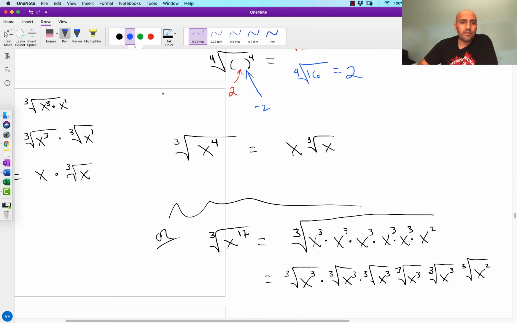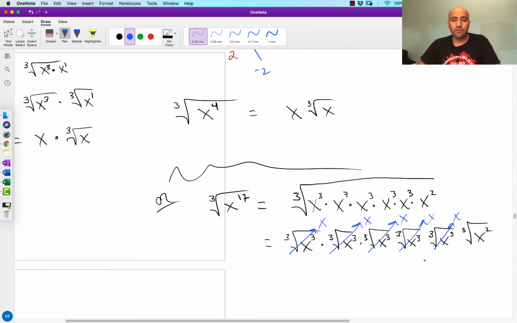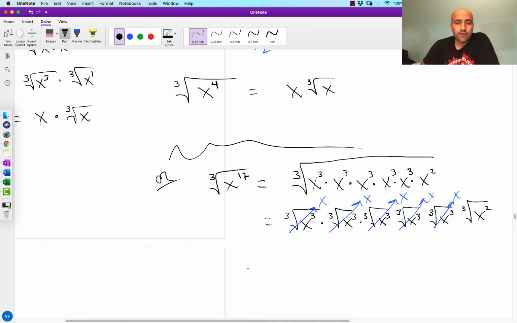And now each one of these represents an x, so that's just going to be x, x, x, x, x. So we end up with 1, 2, 3, 4, 5 copies of x that come out of the radical. And we still have x to the second power inside the radical. So our final answer is that the cube root of x to the 17th can be simplified as x to the power of 5 times the cube root of x squared.